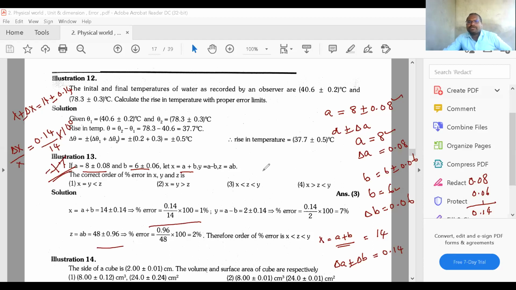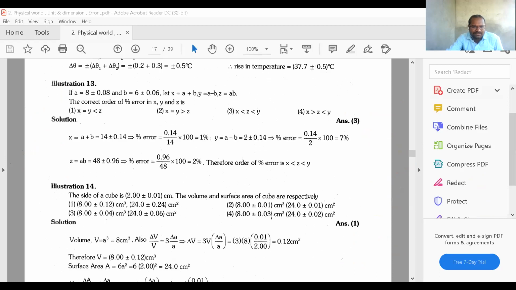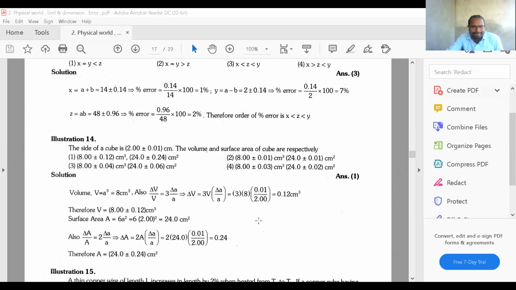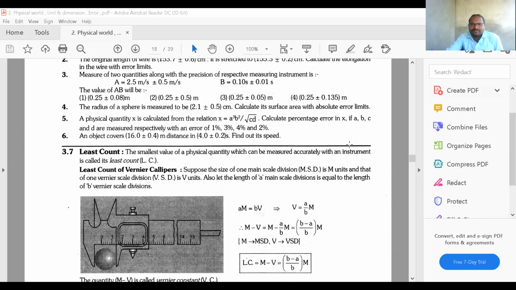Okay, this point you need to be careful; once you practice this type of problems. Next, different types of problems. This is not required, and I'll directly go to questions. Least count, vernier calipers also important. Let us go to questions.